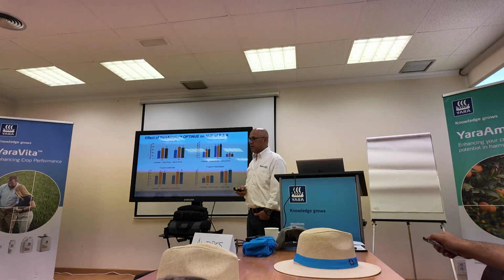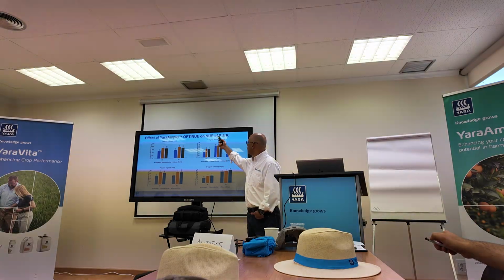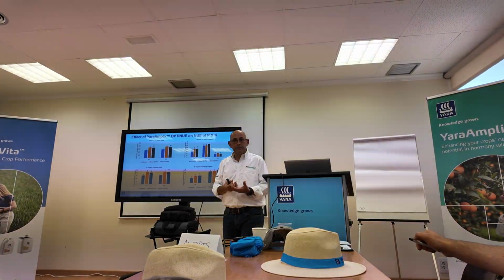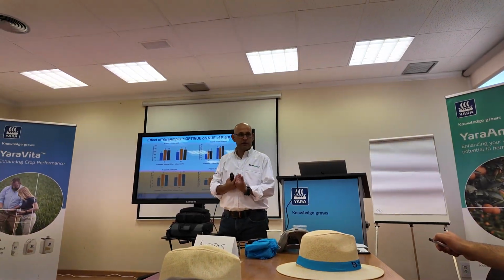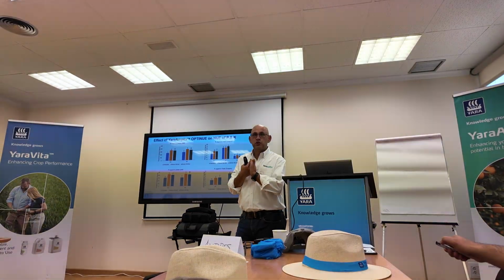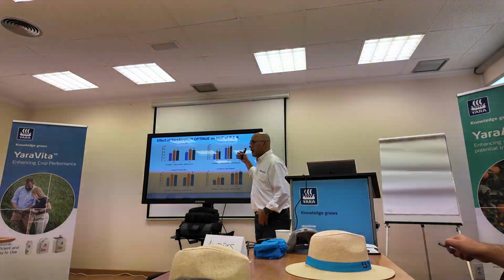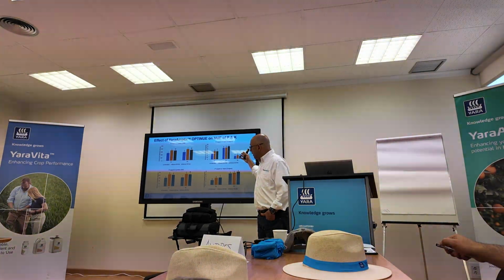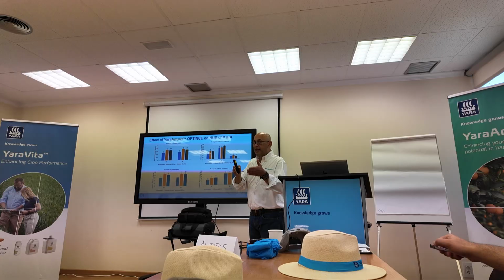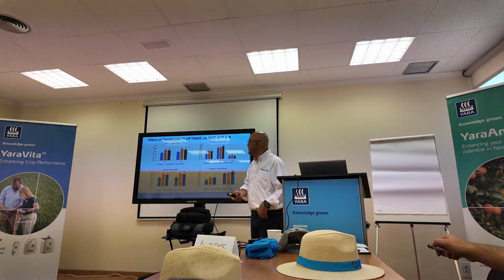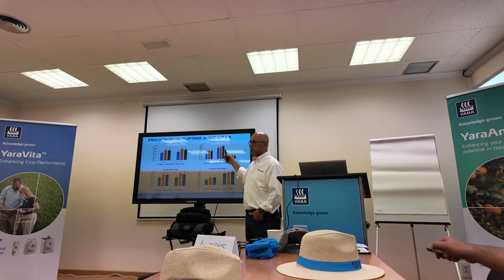And very important, we improve the efficiency of use of phosphorus and potassium. So in the claims for Optinue that we registered in the European Union as a biostimulant, it is a product that enhances root growth and influences the nutrient use efficiency in the rhizosphere of phosphorus and potassium.